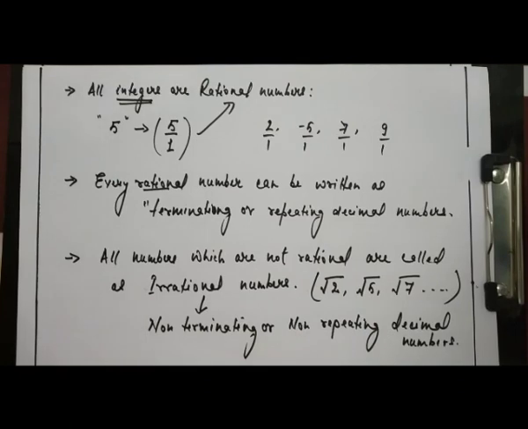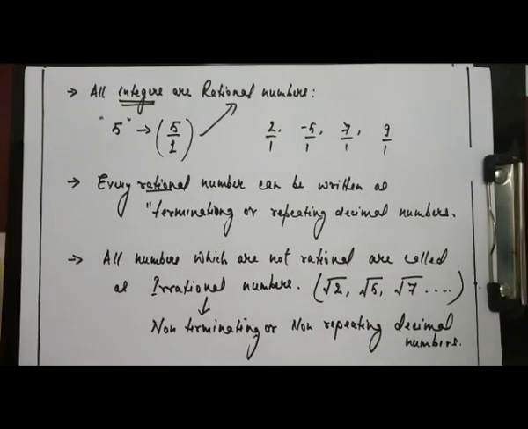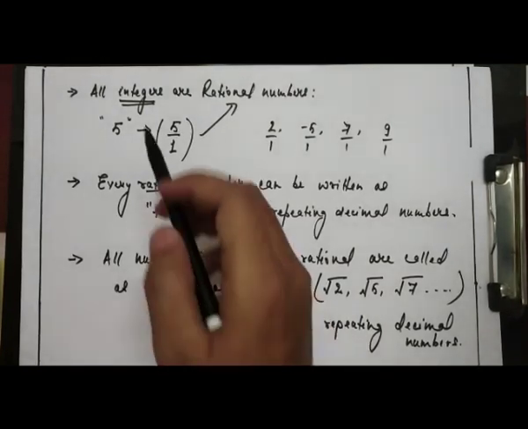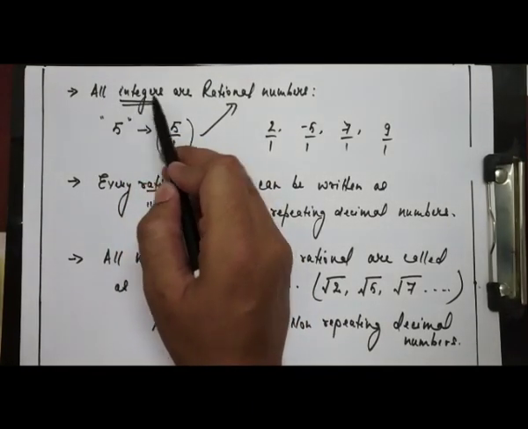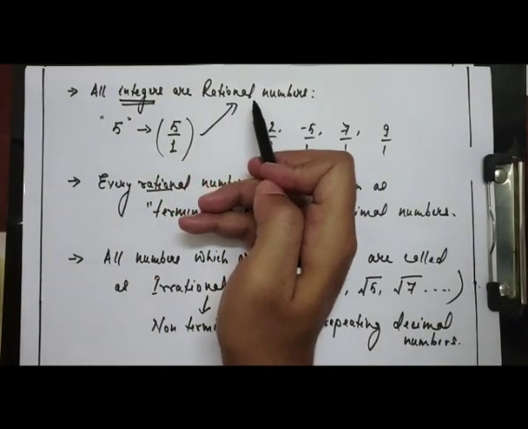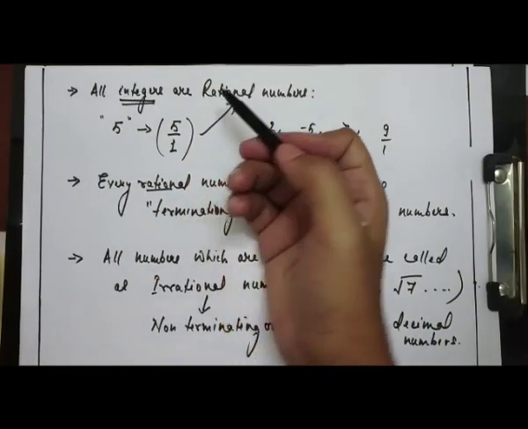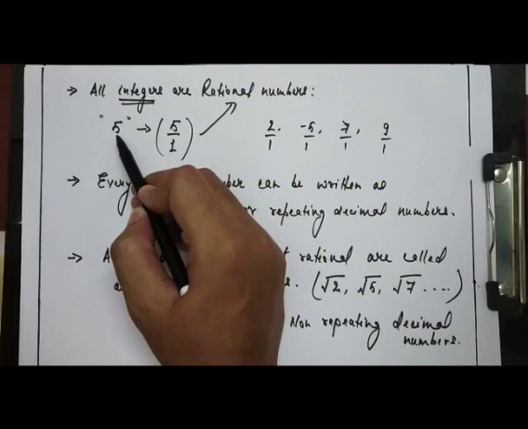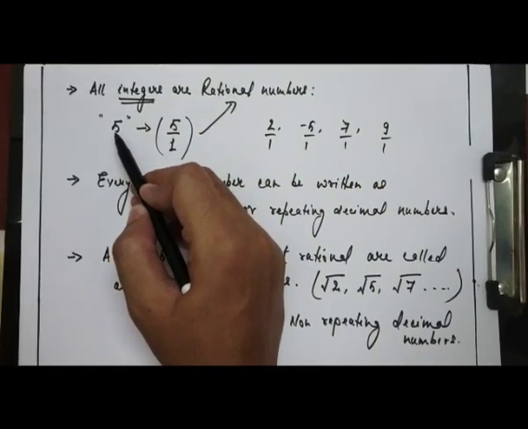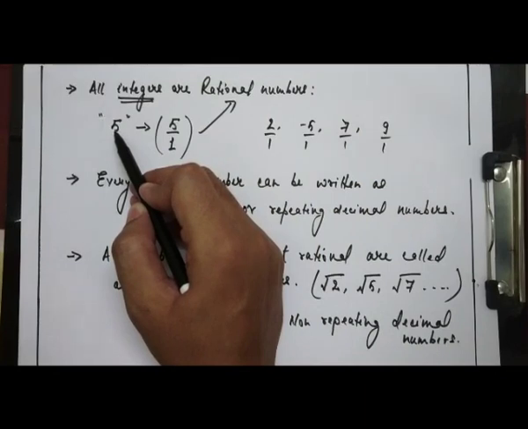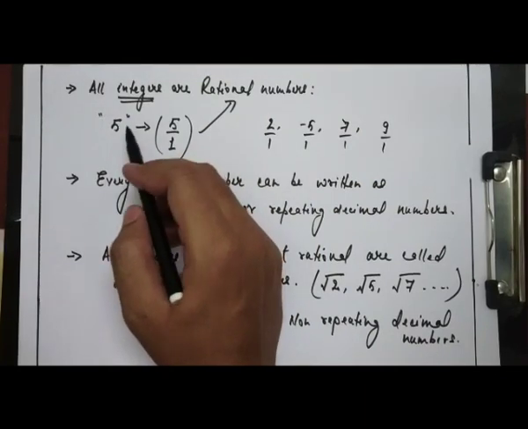Okay students, after that I have written certain properties of rational numbers and they are very important. Try to understand. First one, it says that all integers are rational numbers. What does it mean? Suppose we have got one number, that is 5. Now if I ask you, is the number 5 a rational number or not? It's quite confusing. So what is the concept?